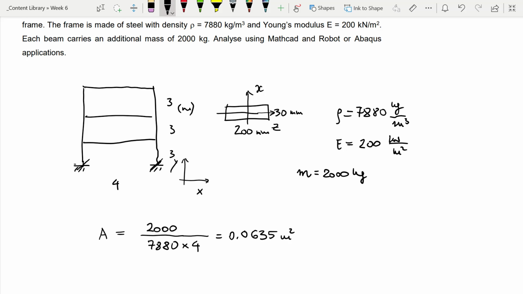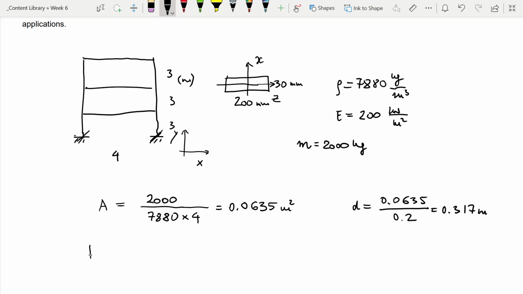meters squared. And if I know that the horizontal dimension for the beam is 30, that means that the vertical dimension D is equal to 0.0635 divided by 0.2, and this is 0.317 meters. So this is my beam cross section.